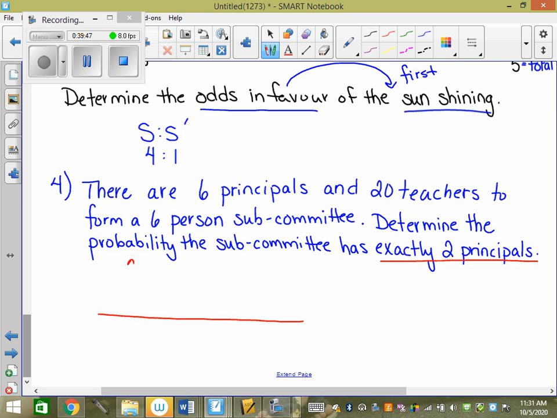Now people will think that's all I need. But we need to go through, and this is why highlighting is so important, or underlining. There are 6 principals and 20 teachers, which indirectly gives me 26 people. And I always on a probability question want to write the total, because I'm going to be using that total in my denominator every single time, right? To form, this is the key thing, every single time we did perms and combs, a 6-person subcommittee.